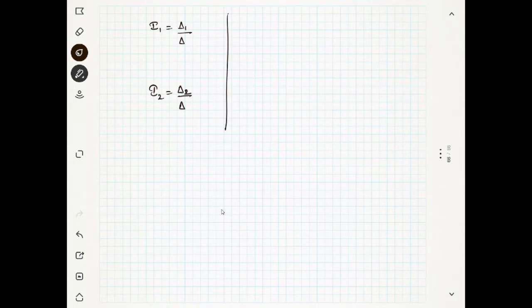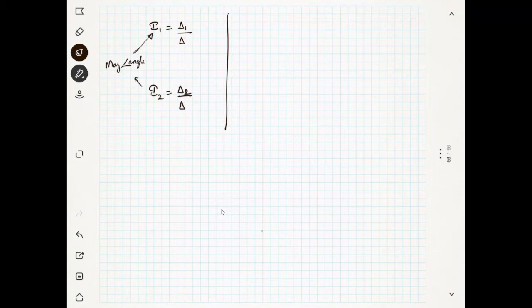After that, you will get I1 as some value with magnitude and angle. Both I1 and I2 you will get like this.